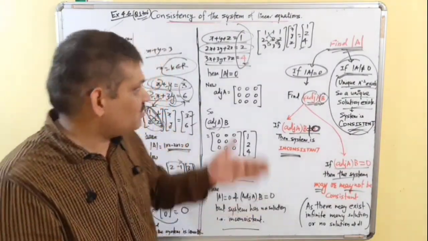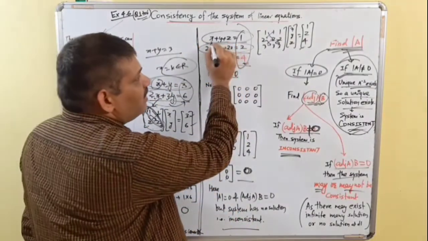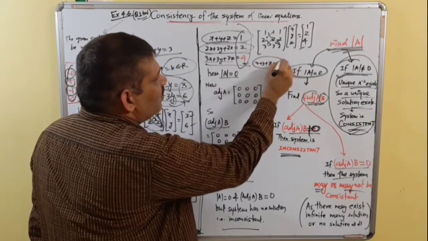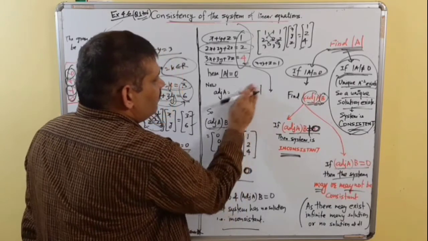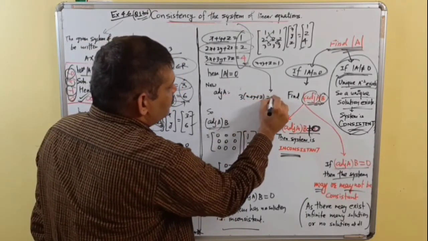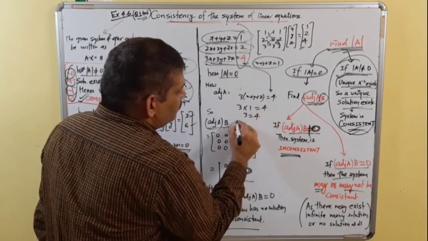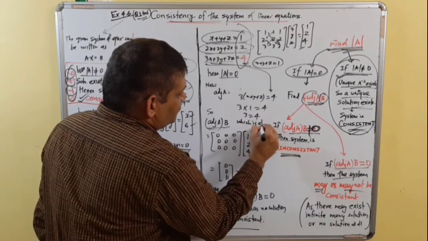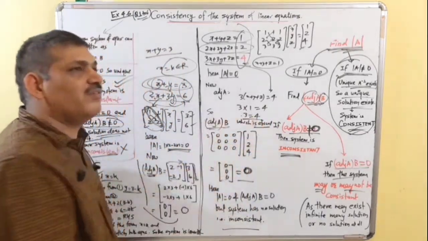Why? Because this will not have any common solution. See, if I take x plus y plus z is equal to 1 and put this in equation 3, what do I find? 3 is common. x plus y plus z is equal to 4. 3 into 1 is equal to 4. 3 is equal to 4, which is absurd. 3 can never be equal to 4.